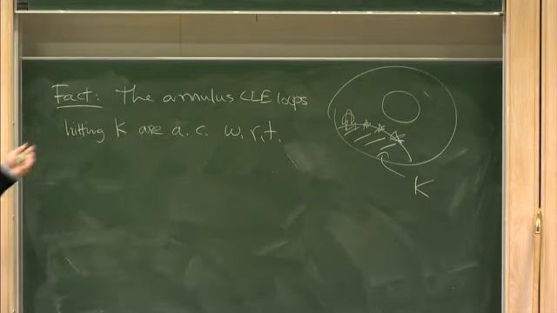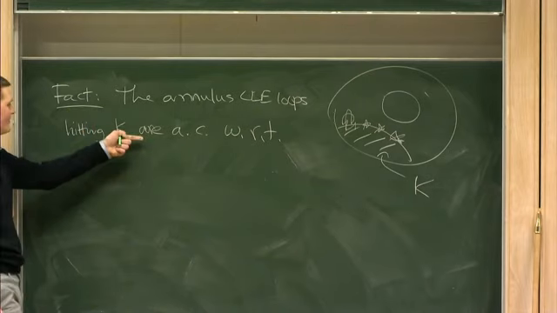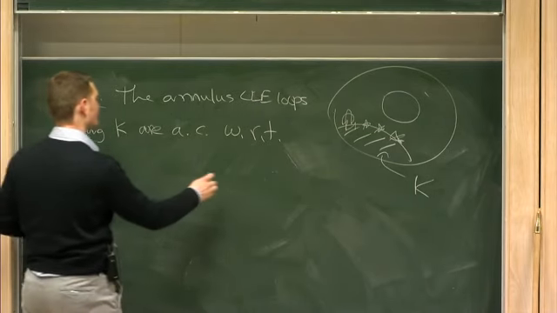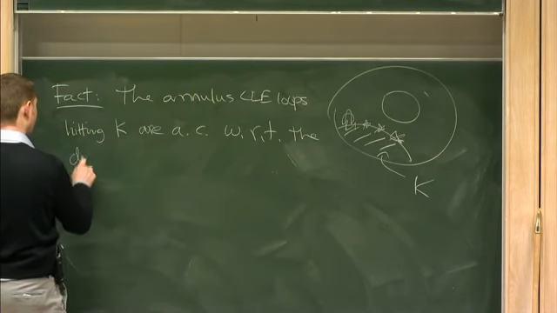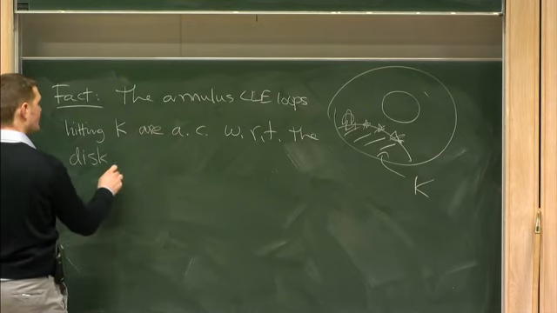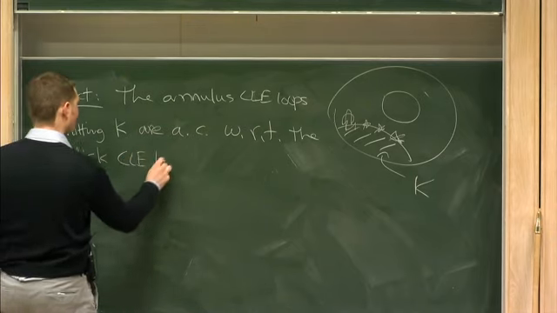Absolutely continuous is way too long to write. So the annulus CLE loops hitting K are absolutely continuous with respect to the disk CLE loops hitting K.